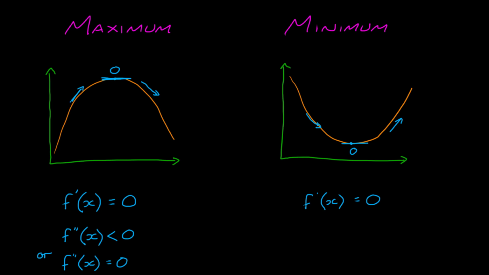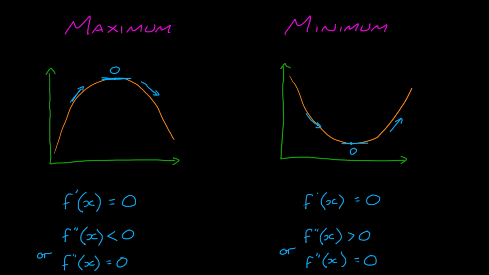In the case of a minimum, we have a slope that goes from negative through 0 to positive. So the second derivative, in most cases, will be greater than 0. But it is also possible that at that point, the second derivative will be equal to 0.